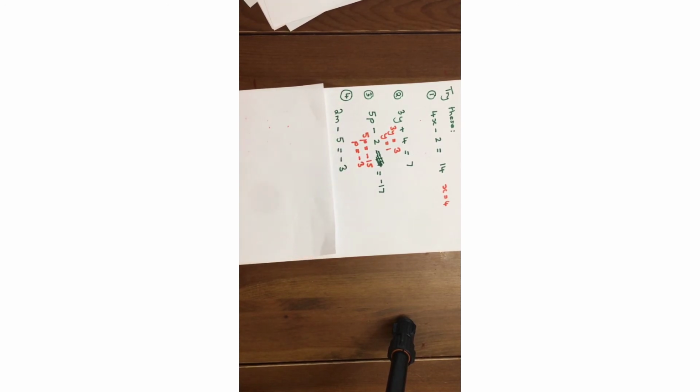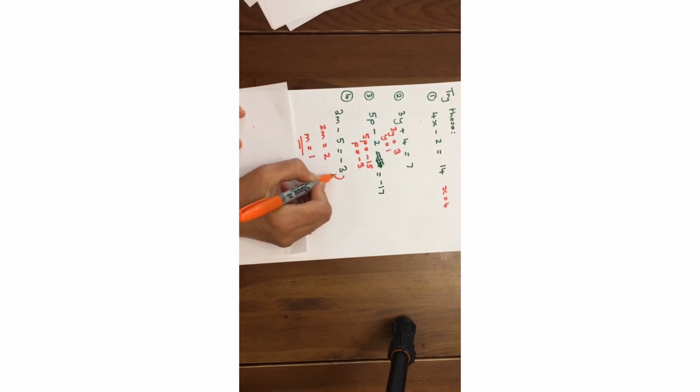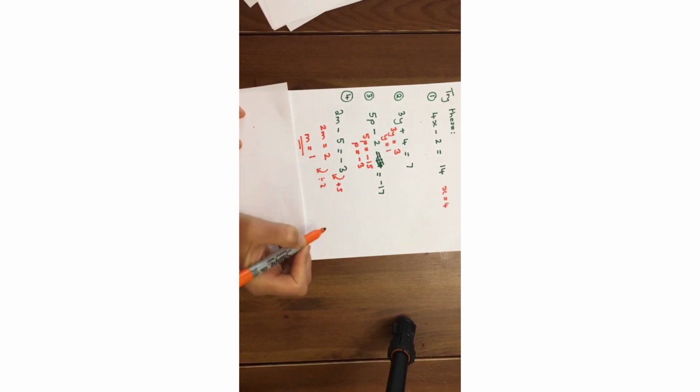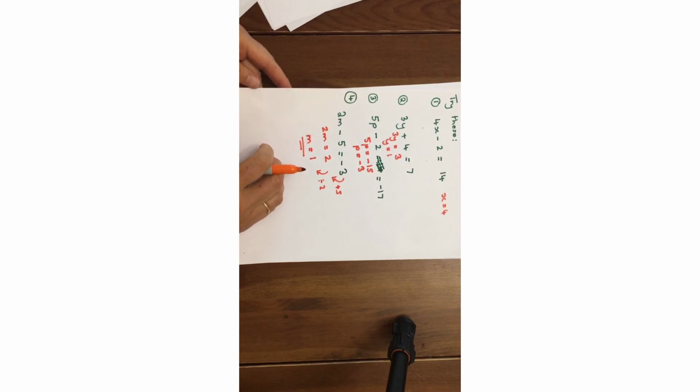Okay, this last one. I'm going to add 5 to both sides of the equation. Minus 3 add 5 is 2. And I'm going to divide both sides by 2. So I added 5, I divided by 2. Okay, if you're really having problems with this, please email me and I will try and help you a bit more.